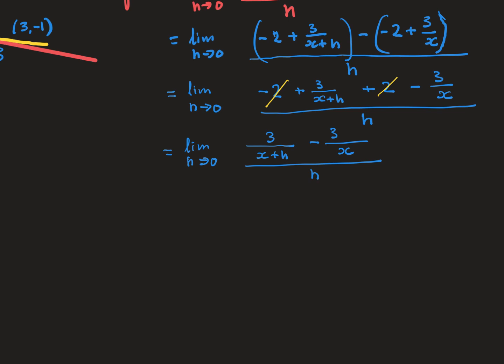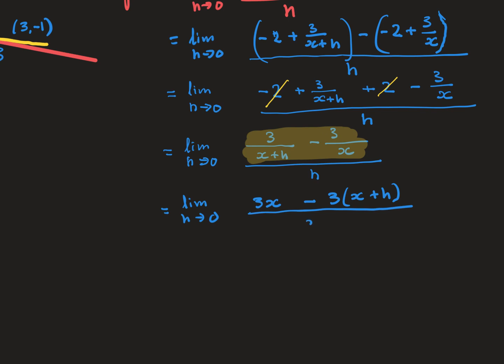So the numerator should be put under one denominator. I'll just highlight that because I'll do the changes at this moment. And that is the limit as h approaches 0. And my famous method, which I call the butterfly method, is multiplying 3 times x and multiplying 3 by x plus h.